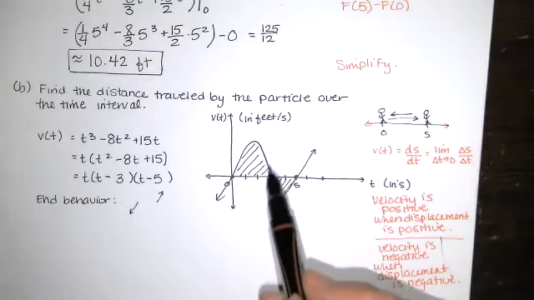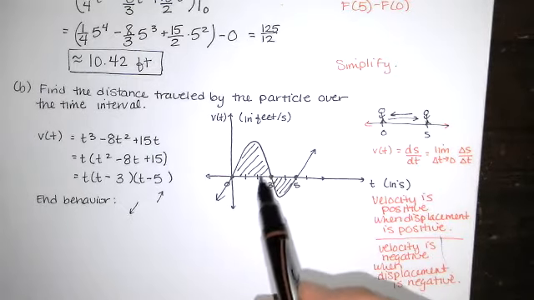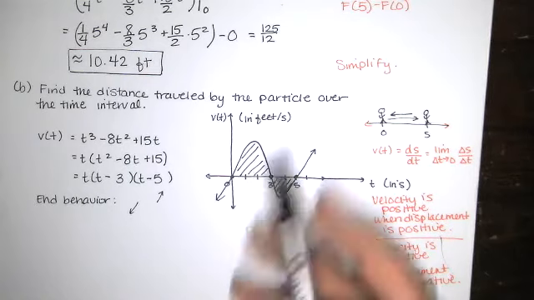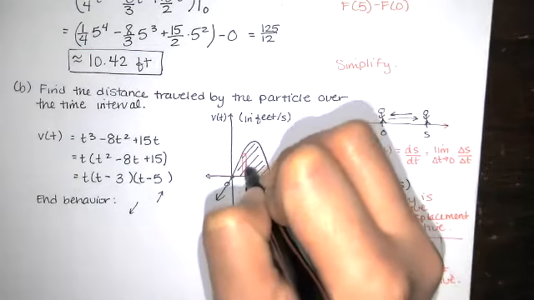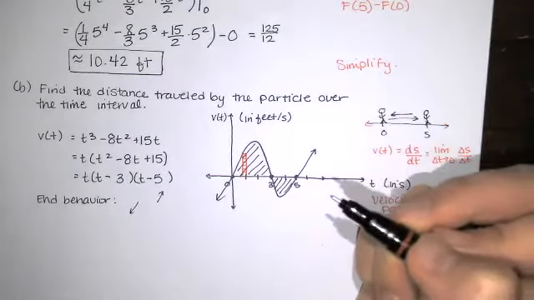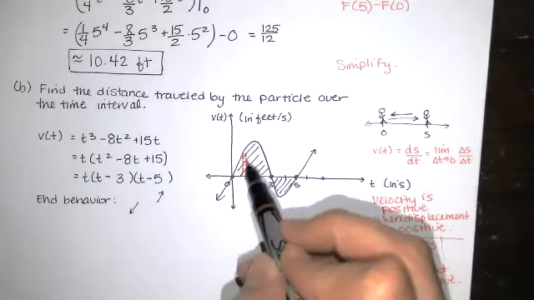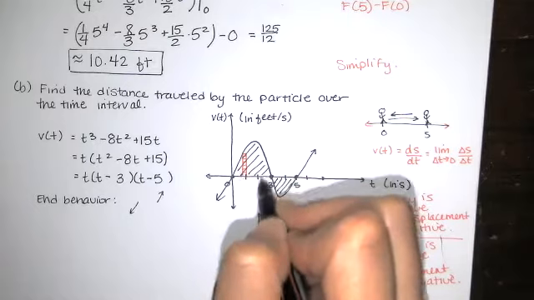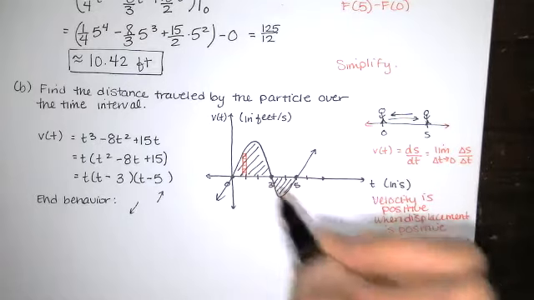So from here to here, if I want to find the area under the curve, well, that's velocity times time, and if I draw those little rectangles, all of those are going to be counted as positive. And then that feet per second times a number of seconds is going to give me a number of feet that I traveled in the positive direction.